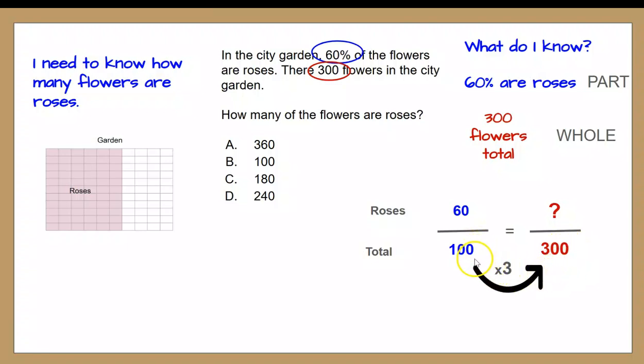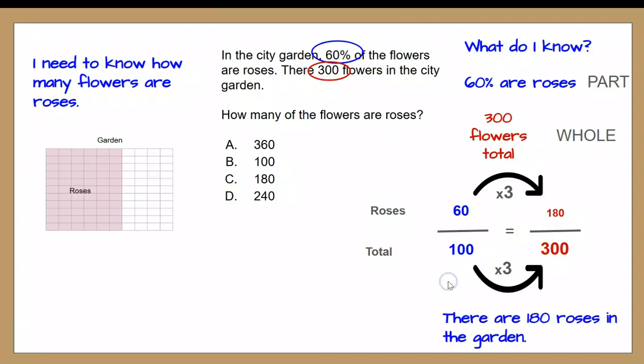So therefore, I could do the same thing on top using that scale factor to multiply by 3 so that these stay equivalent or equal. 60 times 3, 6 times 3 is 18. That means 3 times 60 is going to be 180. 180 of the flowers in the garden are roses. There are 180 roses in the garden.